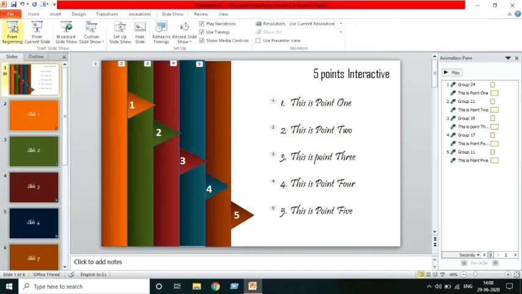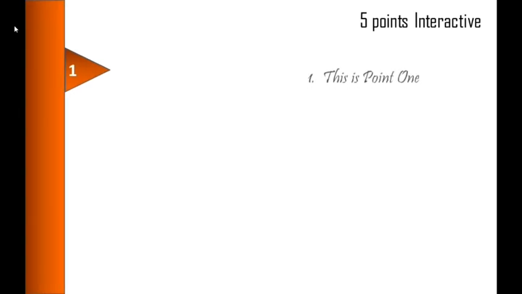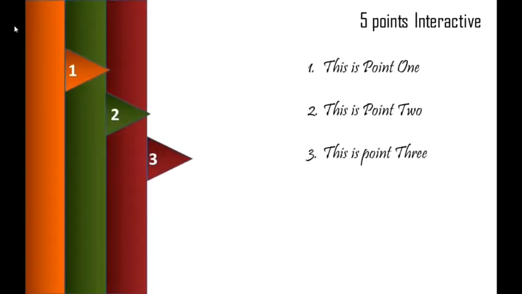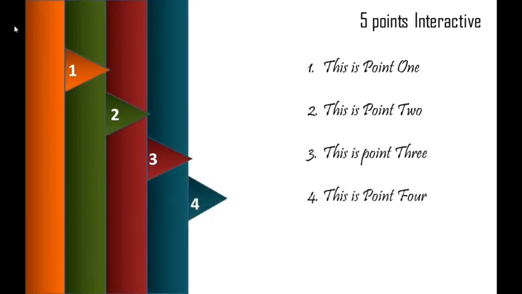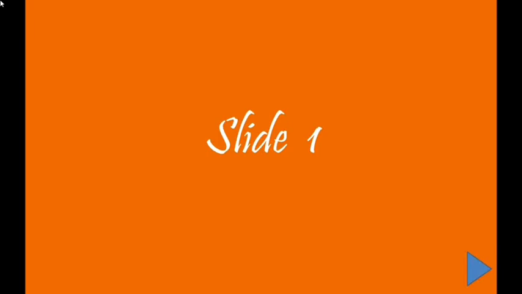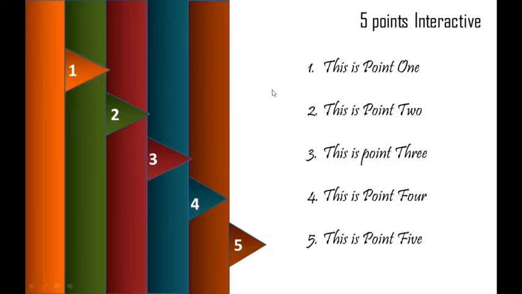Just click on slideshow and from beginning. So likewise these are 4-5 points, interactive. I'll click, this is point 1, this is point 2, this is point 3, this is point 4, this is point 5, and I wanted to navigate to my slide 1. So I'll click on slide 1. Here I will click, I will navigate to my first page. Then I wanted to go to slide 2, that is point 2.